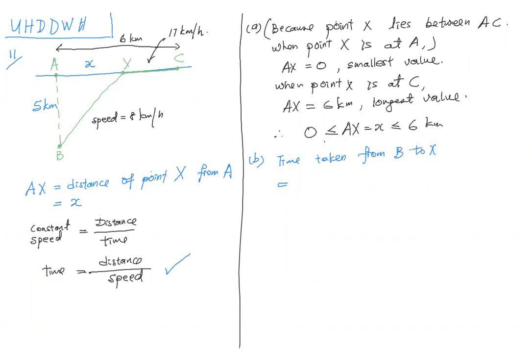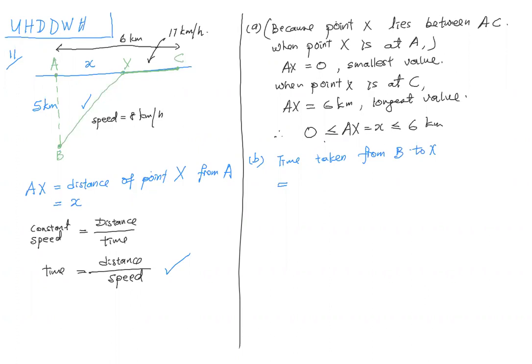How to find the time taken to travel from B to X? Distance over speed. Yeah, I know distance. So which alphabet denotes the distance based on the diagram? AB over BX. Okay, if I want to travel from B to X, can I say AB over X? Is X the distance?